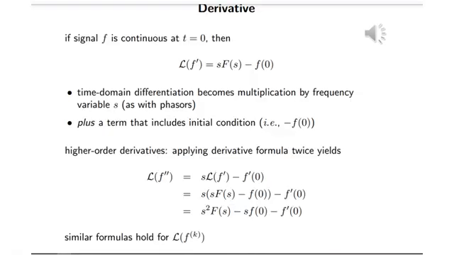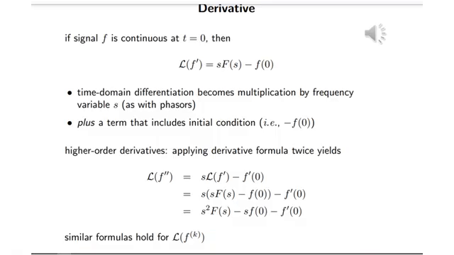Okay, in this slide we'll talk about derivatives of a function in the time domain. Let f be a continuous signal that exists at time t equal to 0, and let the derivative of f be represented as f bar.